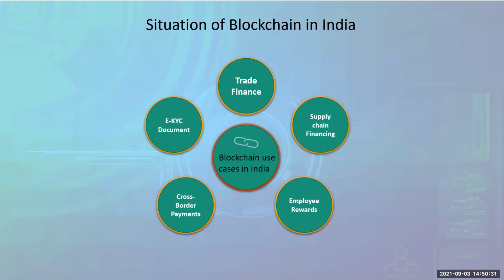Coming to trade finance, the top 12 Indian banks have already come together, and the institution has been formed, the Indian Banks Association for Blockchain Technology, and they are using blockchain all together to issue letters to companies. This has specifically come into being after the Nirav Modi case happened and shocked the whole of India.